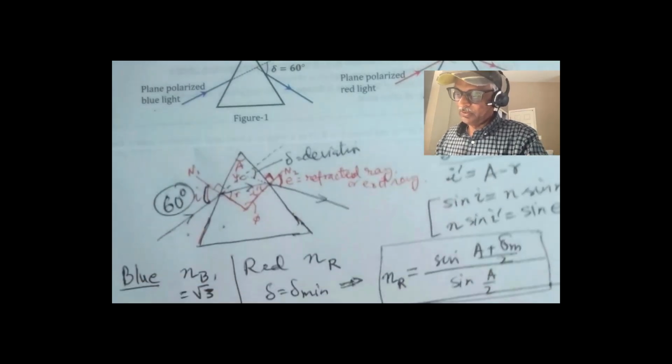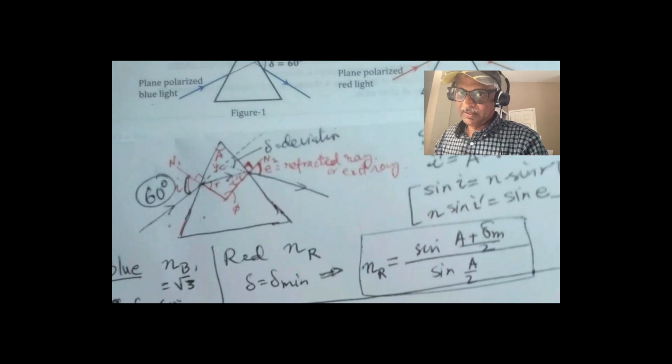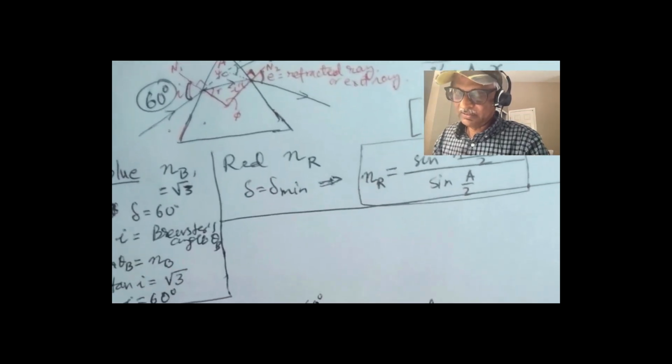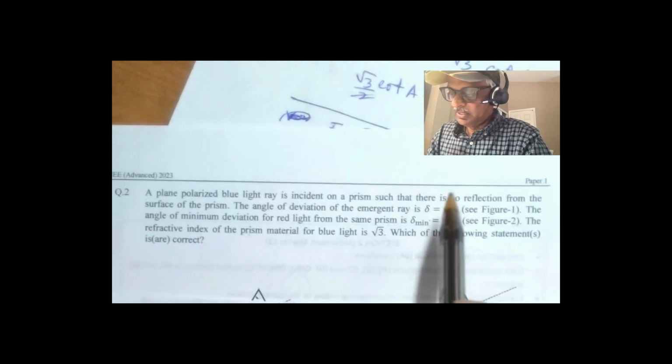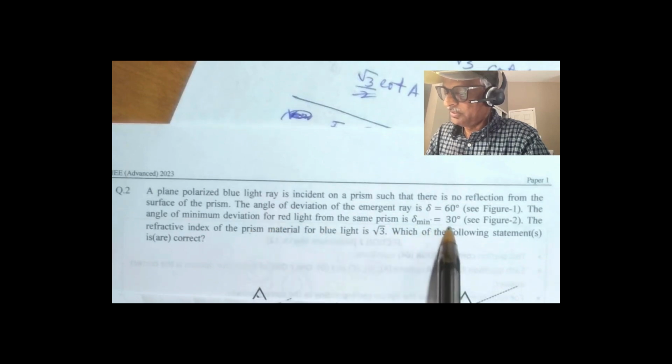Now we are going to go back to our red light. If you look at the question, the red light comes out at minimum deviation, which for the red light is 30 degrees.